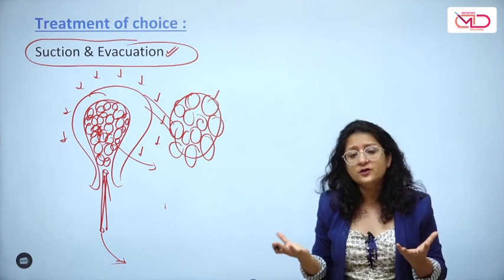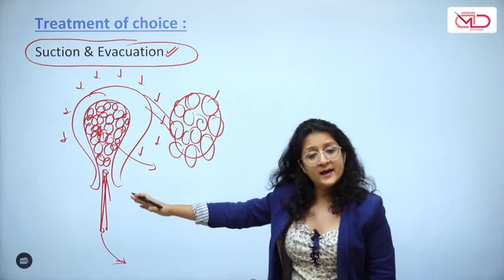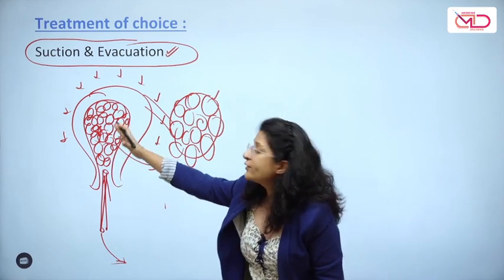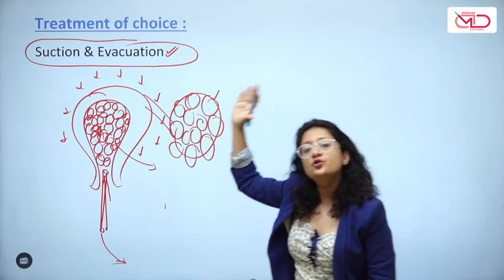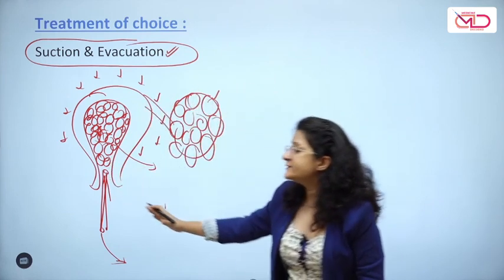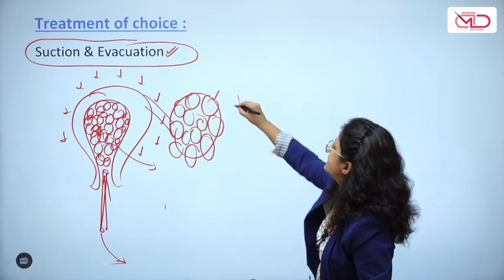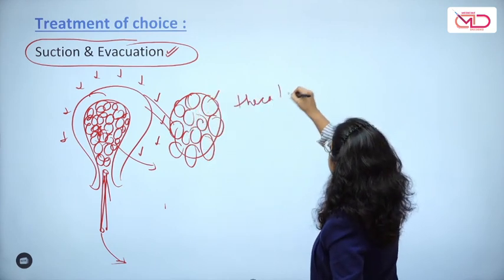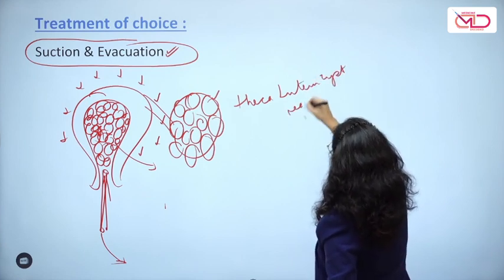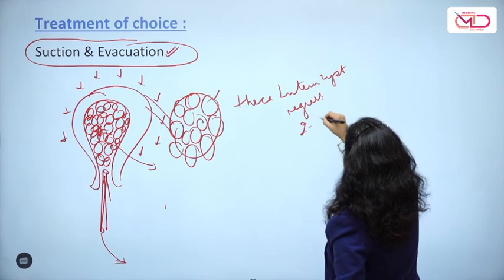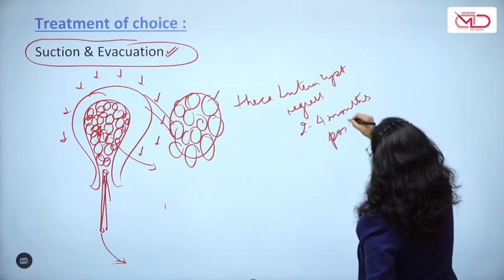No, we don't need to, because the source of beta HCG is these chorionic villi. Once we have done suction evacuation, the source of that excessive beta HCG is out. These theca lutein cysts are going to regress on their own. They will regress in the next 2 to 4 months post evacuation.